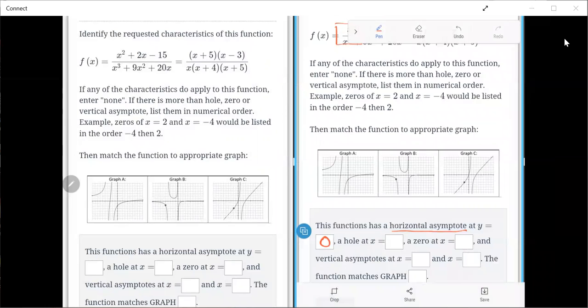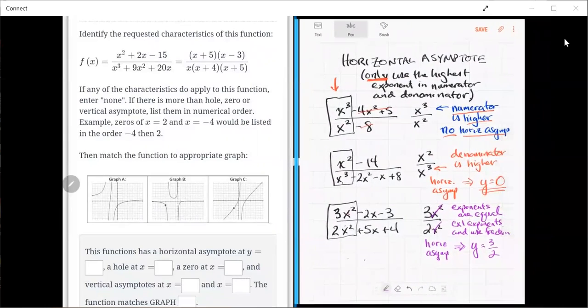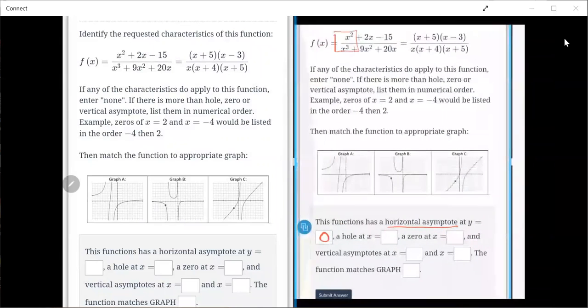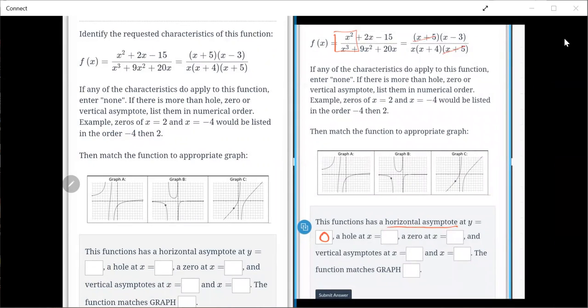Next it says, what's the hole? Remember, a hole is where you can cancel out, and so we can cancel out these 5s.